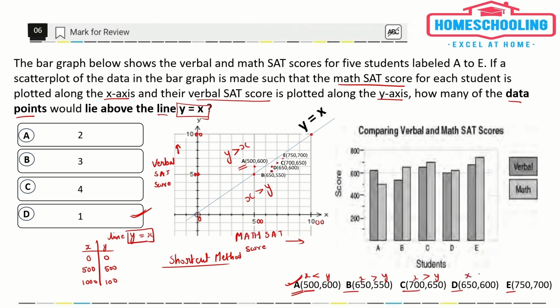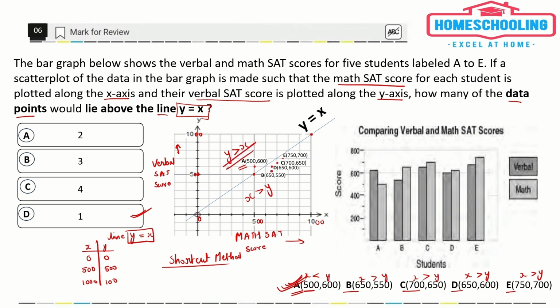And for student D, x is greater than y, and for student E, x is also greater than y. So we have only one student for whom the x value is less than y. So the data point of student A would lie above the line.